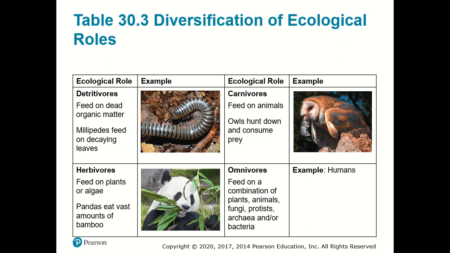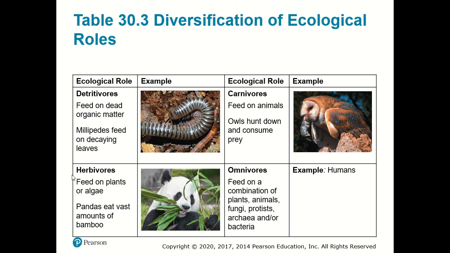Just a summary real quick. Detrivores feed on organic matter found within the soil. Keep in mind, organic matter is mostly made up of carbon, but evidently these animals also need other chemicals to be able to survive, like sodium, potassium, and so on.